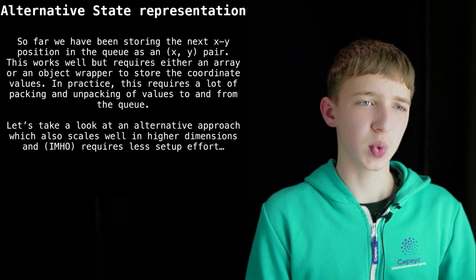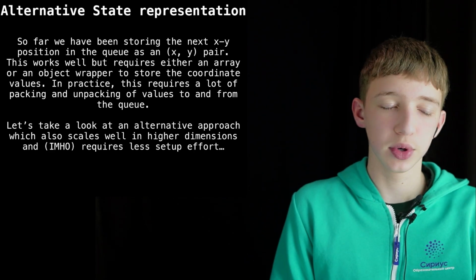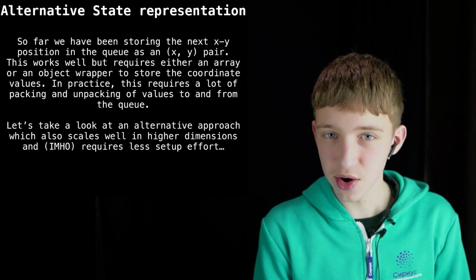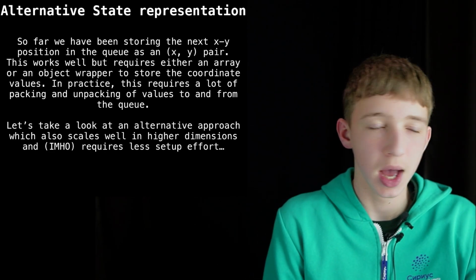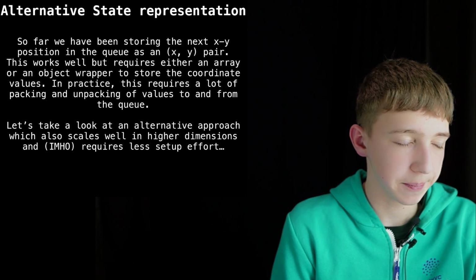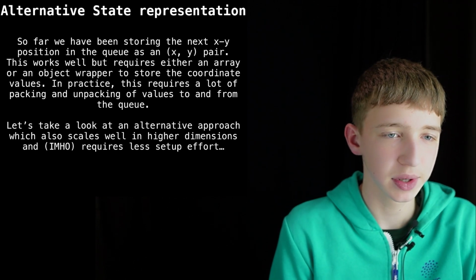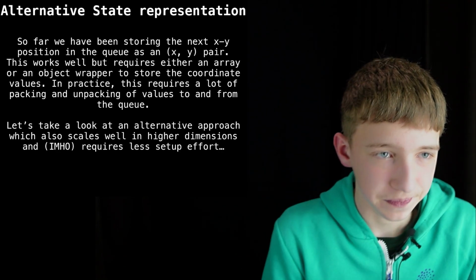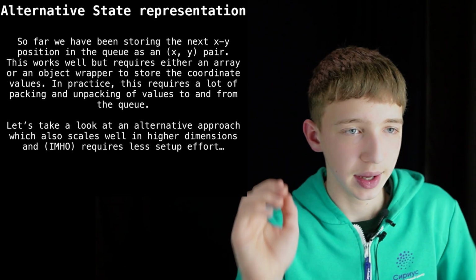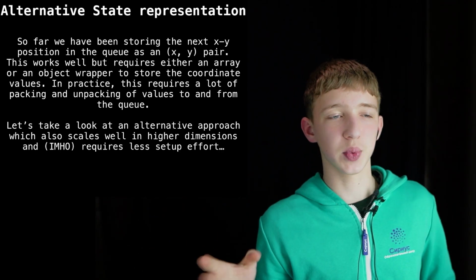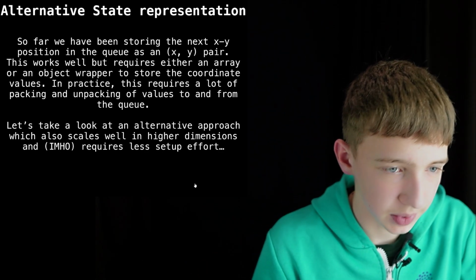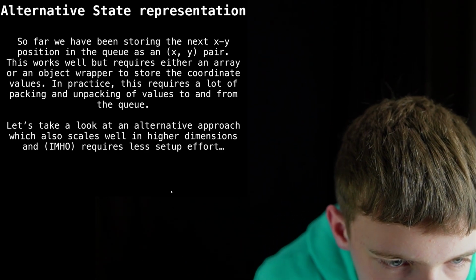For example, with 3D, that would require a pair of pairs in C++, or a tuple, or a vector of vectors, whatever. So this is why we would use another algorithm. Let's look at it in one moment.